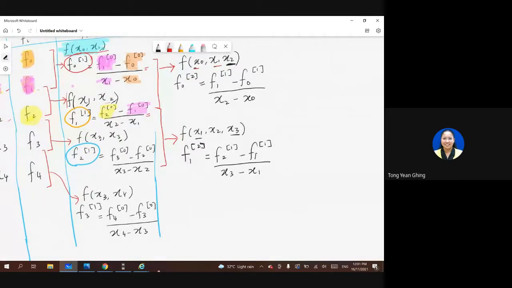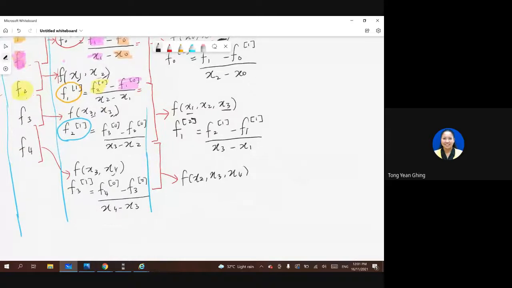Yang ini adalah antara yang ni hingga yang ni. So that means we consider from x2, x3, x4.